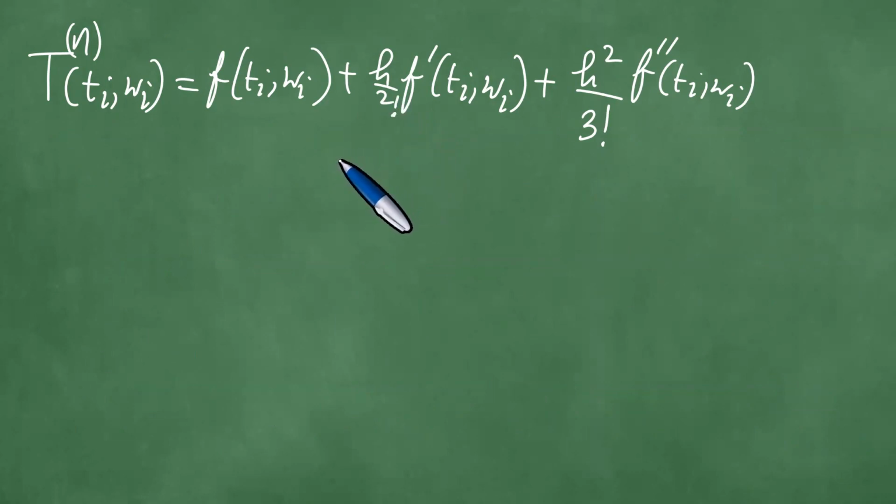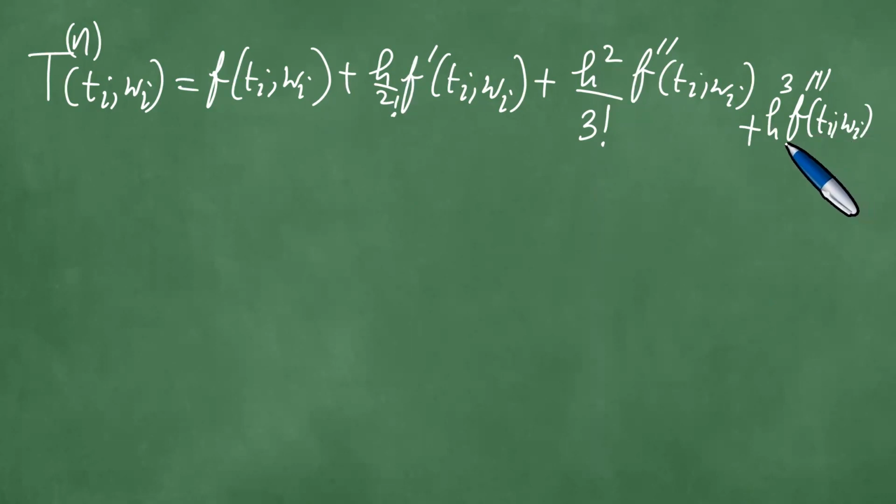Right. But now we must write one more of these. Squeeze it here. And write h cubed f triple prime ti wi. Okay, so 4 factorial. Okay, because if it's 2, it's 3. If it's 3, it's 4. Okay, so we're done. Because it's the fourth order. Fourth order, you stop at 3.